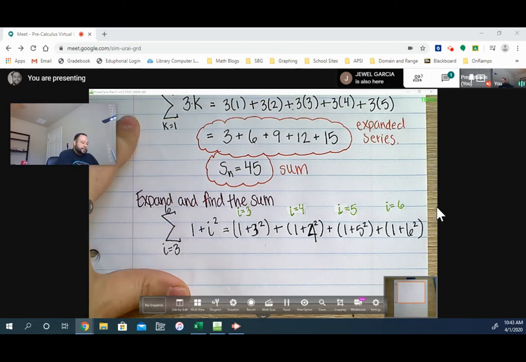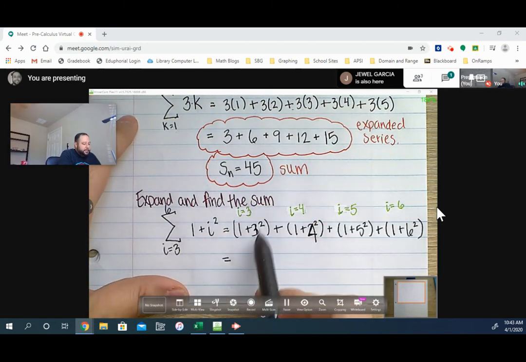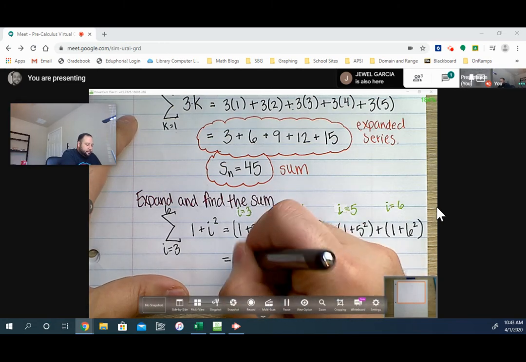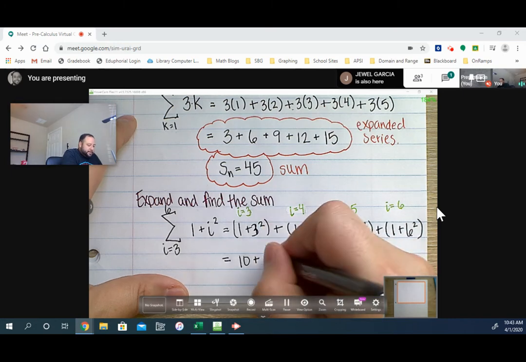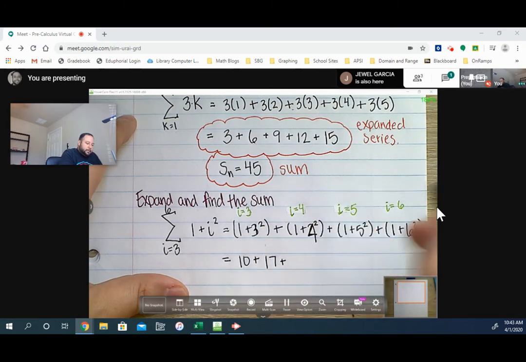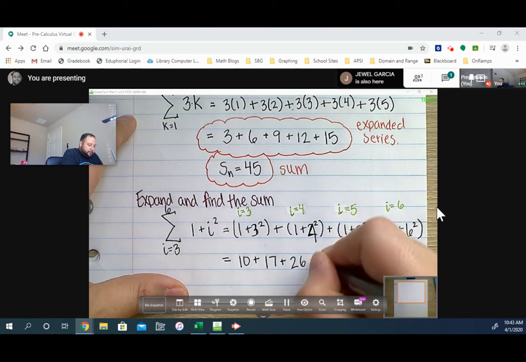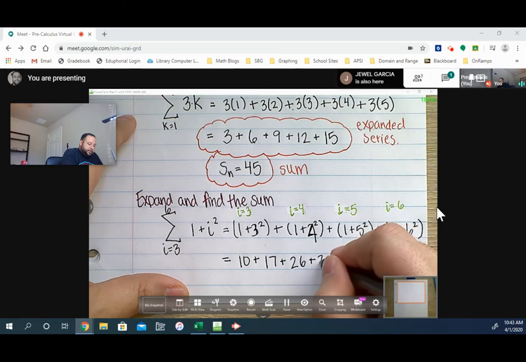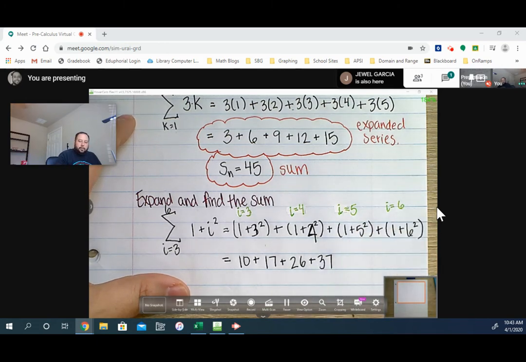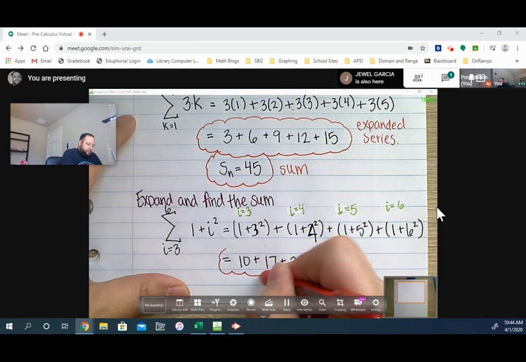Then I just simplify all of this. 3 squared is 9, plus 1 is 10. 4 squared is 16, plus 1 is 17. 5 squared is 25, plus 1 is 26. And 6 squared is 36, plus 1 is 37. And so that is my expanded series.